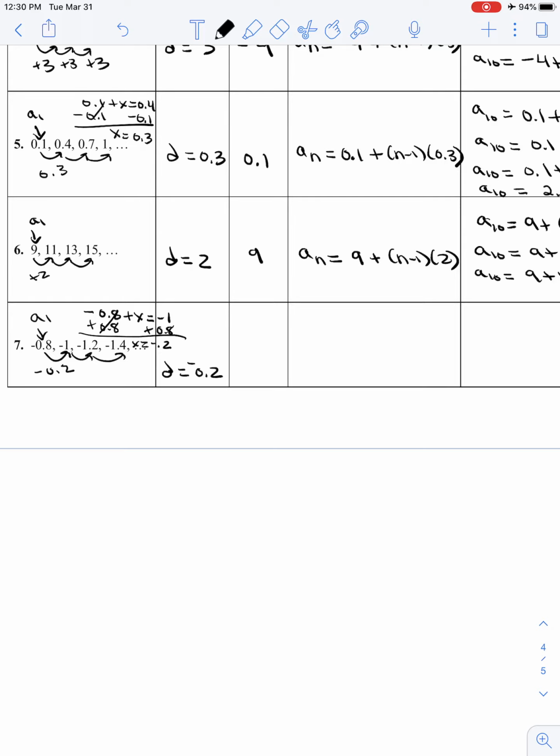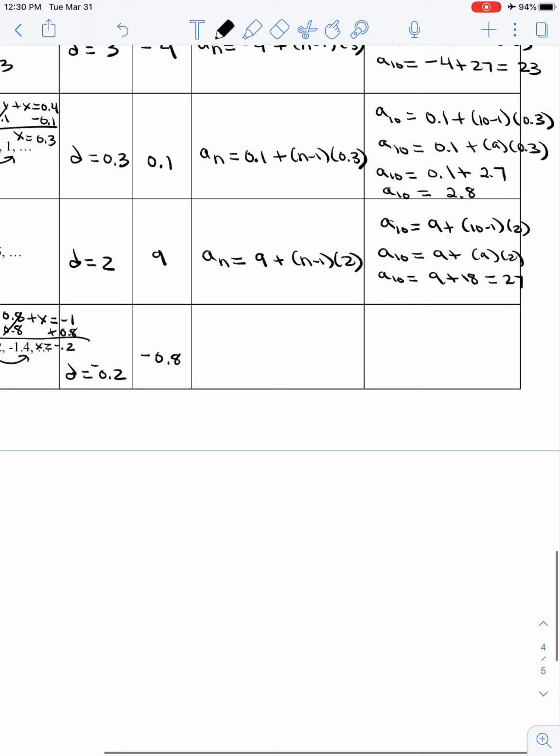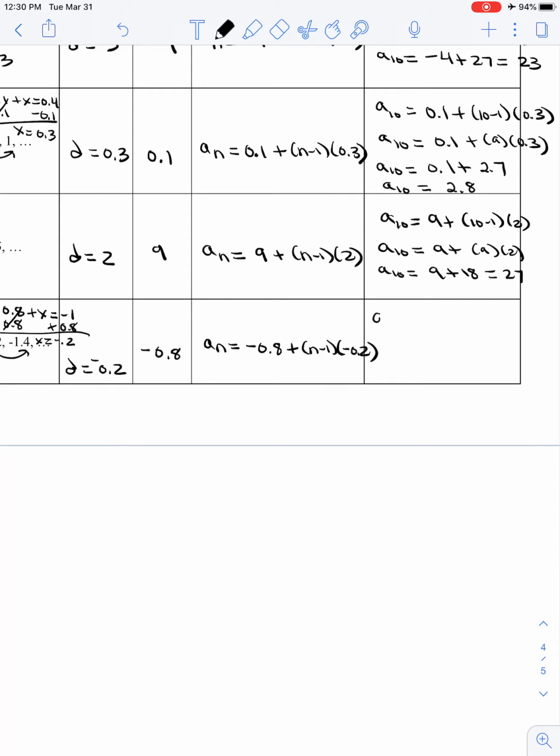My first term is -0.8. So I can write my last equation. A sub n equals my value of my first term plus n minus 1 times d. And now I want to find the value of my 10th term. So -0.8 plus 10 minus 1 times -0.2.